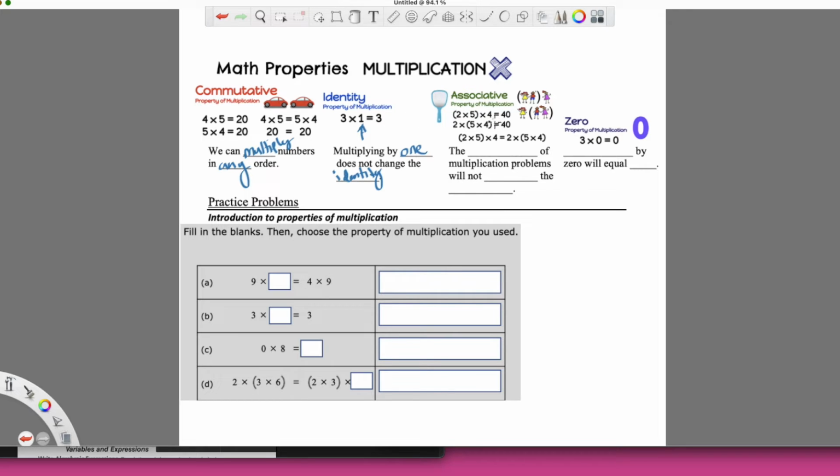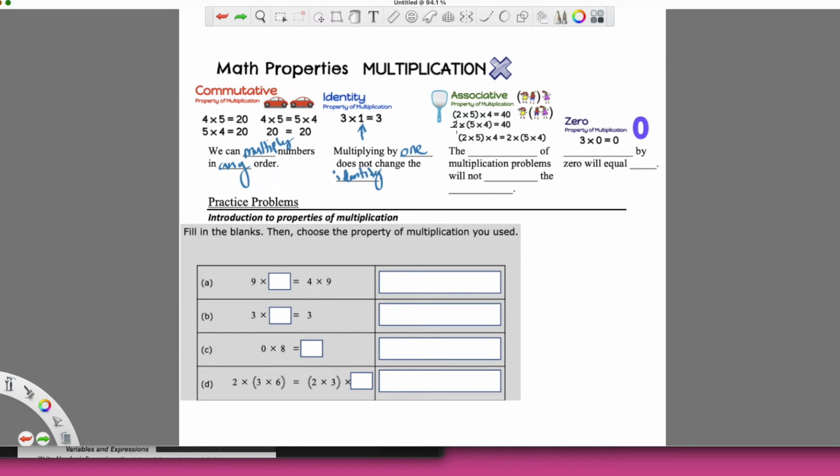Associative property, same idea. We have those same groupings of little people that we had in the last one, where associative is all about grouping and how I'm moving the grouping around. Not just moving the numbers around, that's commutative. But if I move the entire grouping, now I'm talking about the associative property. Which ones are they grouped with? So in this top one, I have 2 times 5 grouped together times 4. And that gives me 40 because 10 times 4 is 40.